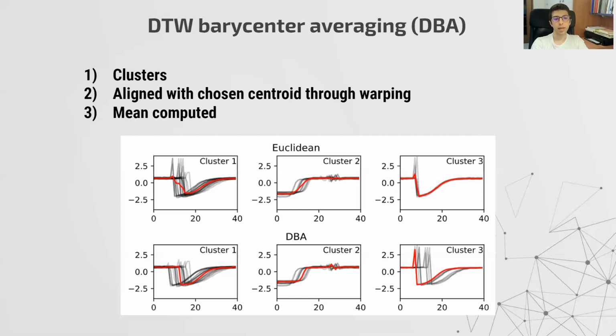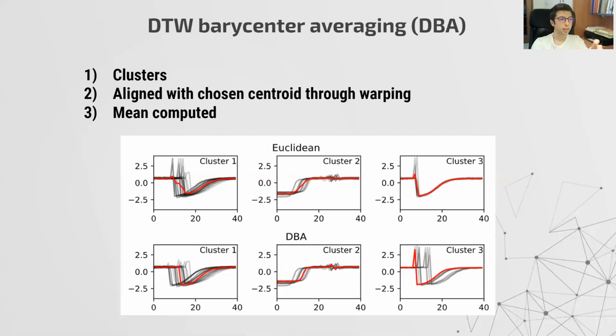Instead, in the DBA approach, let's see cluster 3. We have that the red curve, the representative of cluster 3, takes into consideration the spike after the first part, because all the elements of cluster 3 have been aligned before the mean is done.